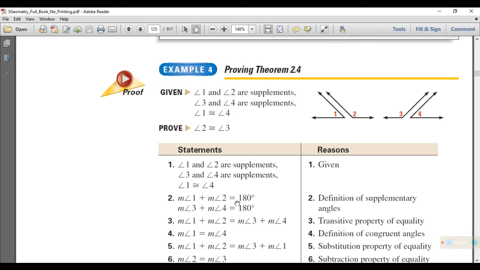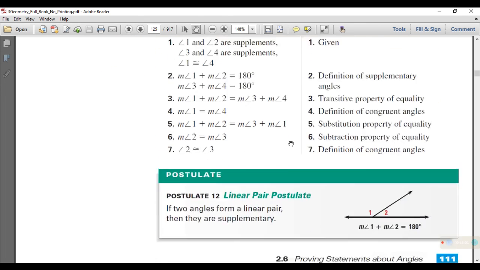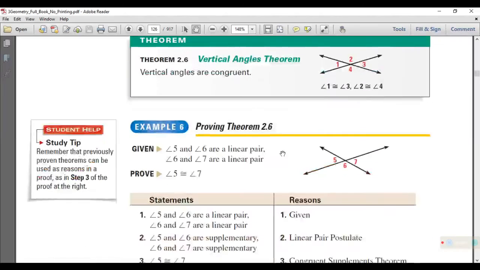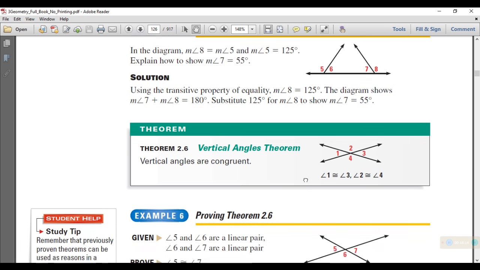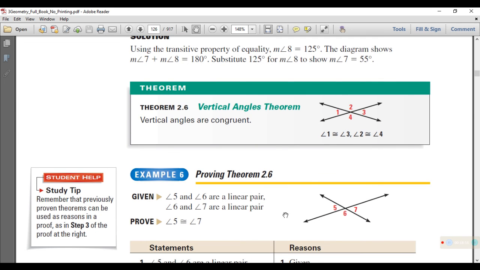Pero pag ginamit nyo yung equal, make sure that you are using the symbol M in the beginning of the angle because we are talking about their numerical values. Okay? Okay. So, hindi ko na siya i-discuss isa-isa. Ito, vertical angles. Na-discuss natin before ang vertical angles nga pala. So, vertical angles are always congruent. Kung sino yung magkatapat, yun lagi ang magkaparehas ng sukat. Okay?